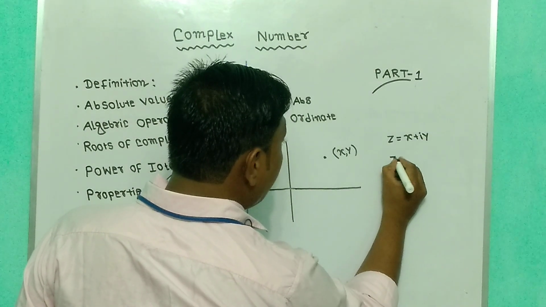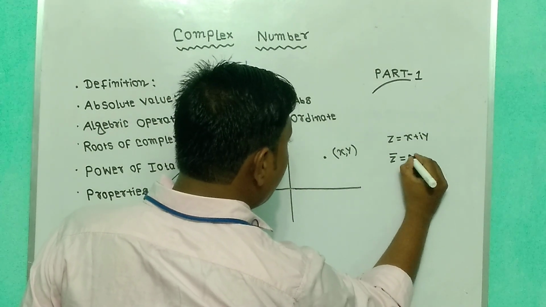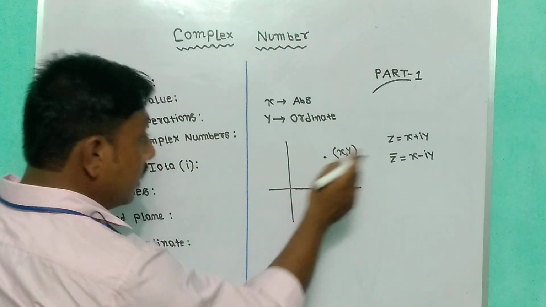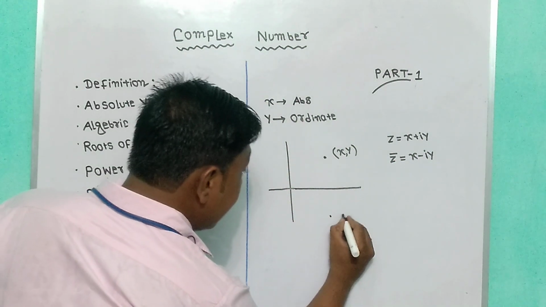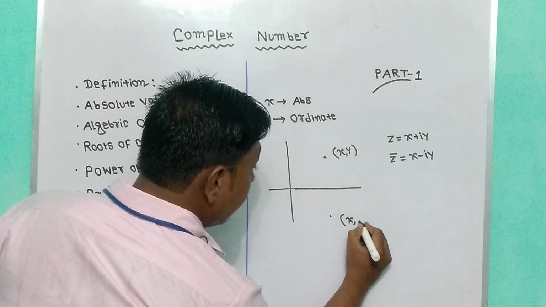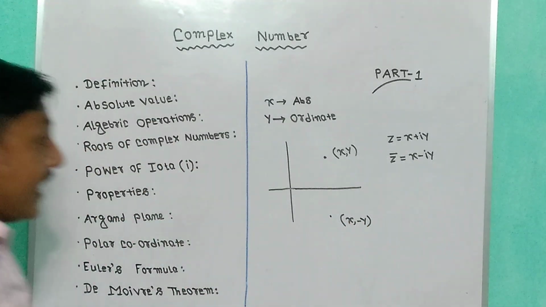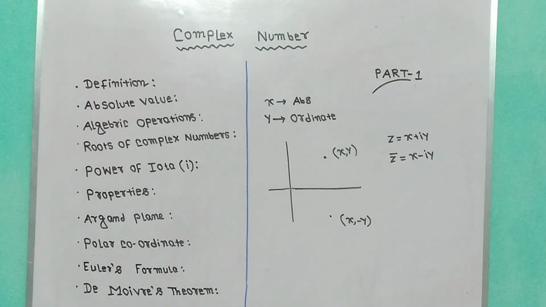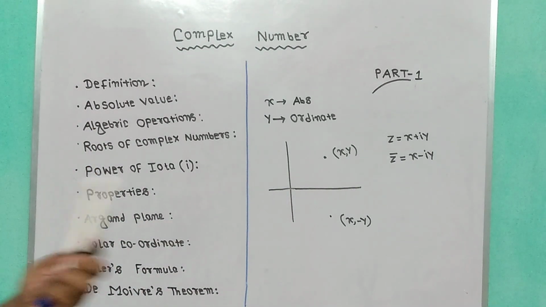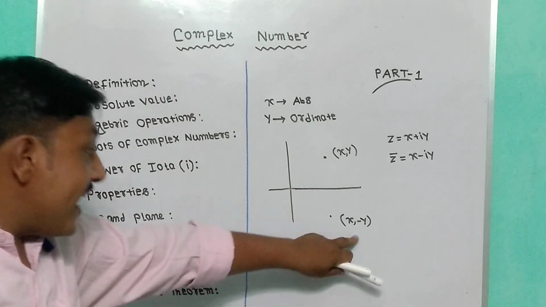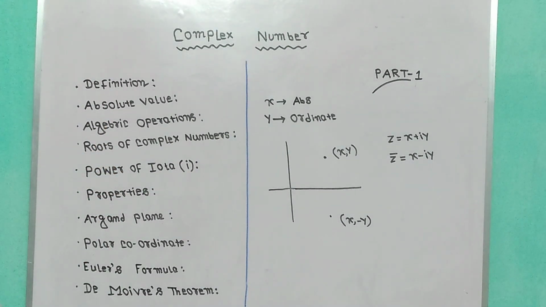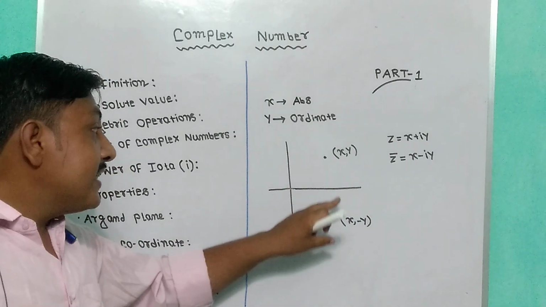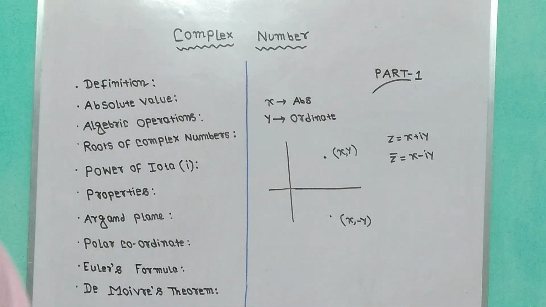So its conjugate z bar equals x minus iy. So here we plot one more point, that is x comma minus y. So x comma y and x comma minus y, this is the image point of x comma y.